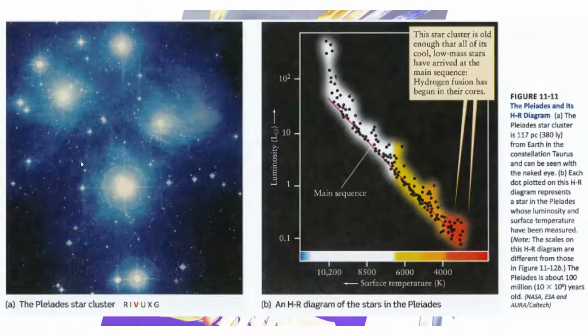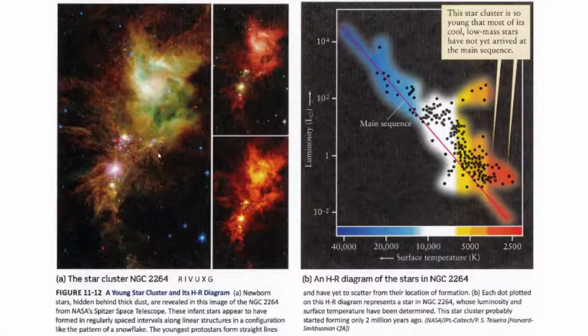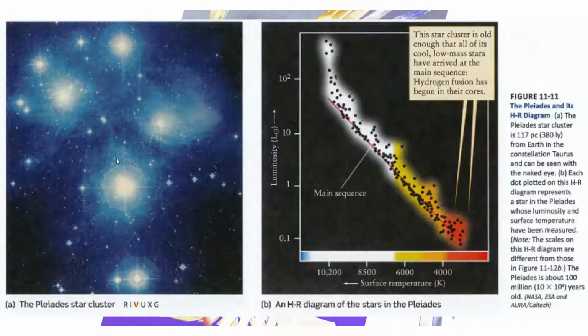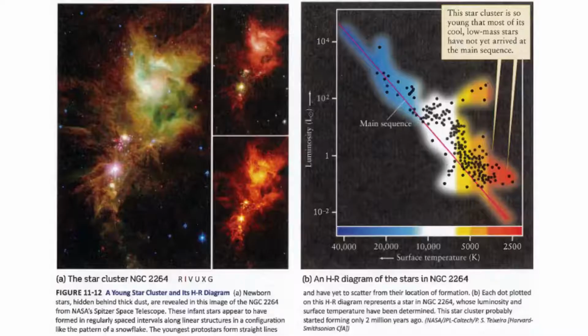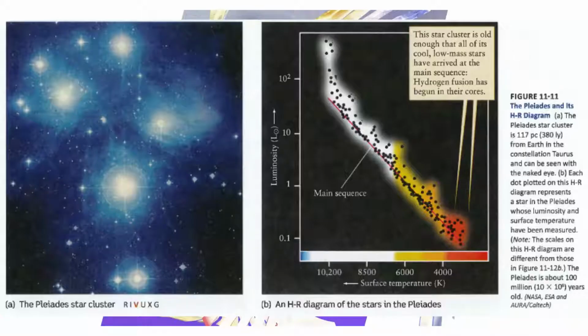Whereas if we look at this picture, there's all these crazy shapes and colors. What that hints to us is that this has been around a lot longer, long enough to make all those clouds go away. Whereas this has not been around long enough to make those clouds go away, right? So that's one way we think this is a newer cluster and this is an older cluster.